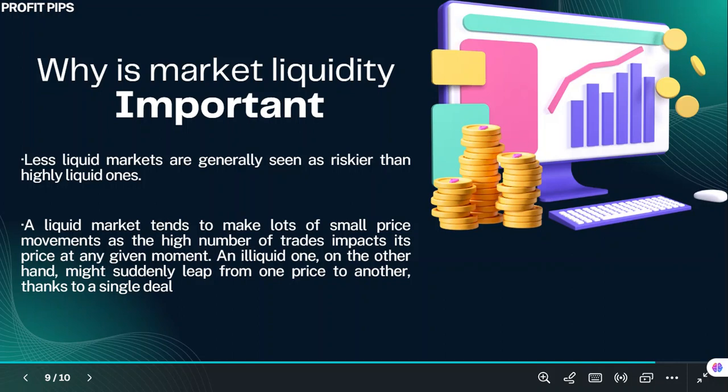After a while, you just notice that it leaps from one position to another, and it stays there for a while. And before you know it, it leaps from one position to another. These leaps are as a result of huge orders, huge deals that are taking place in the market. The more market participants show interest in that pair, the more liquid it becomes, the more small movement it tends to make.